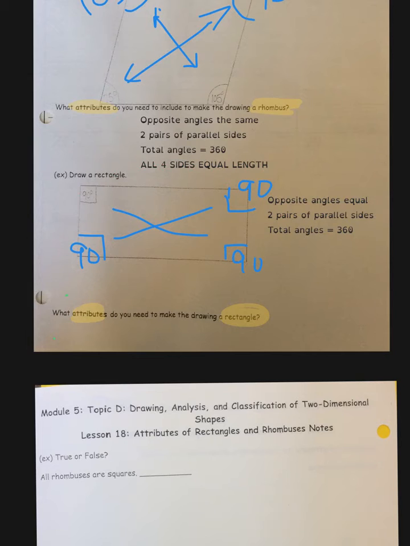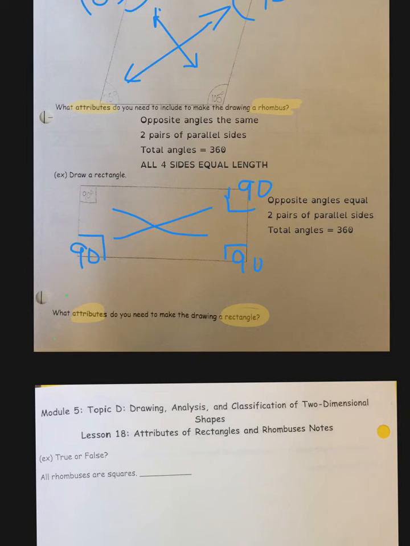Okay, different from the rhombus though, where all 4 sides were equal. Here we have 4 90-degree angles. 4 90-degree angles, right?